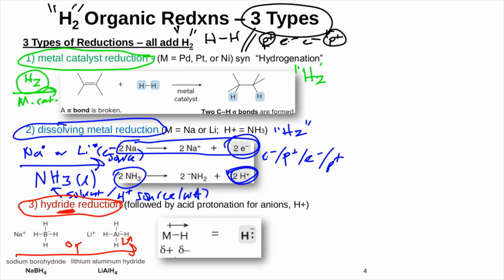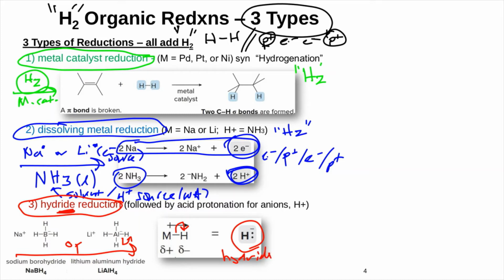Now, if you have a metal-hydrogen bond like these do, the hydrogen is more electronegative than the metal, because remember, hydrogen has carbon's electronegativity, which is to the right of the metals. So the hydrides will release. You're effectively releasing H- into the media. And so that's your hydride source.